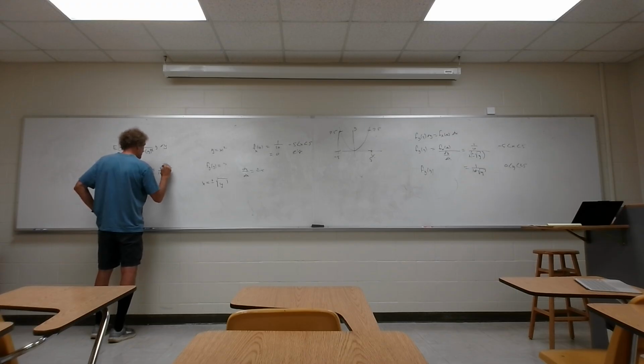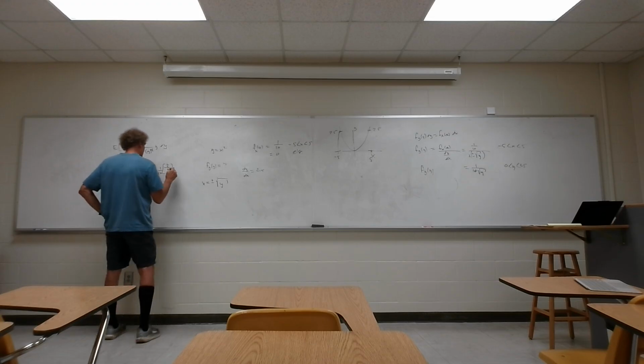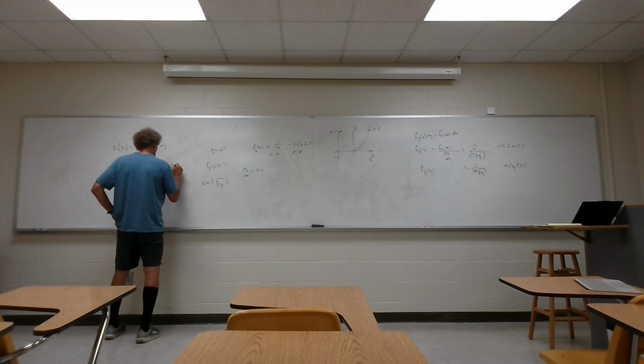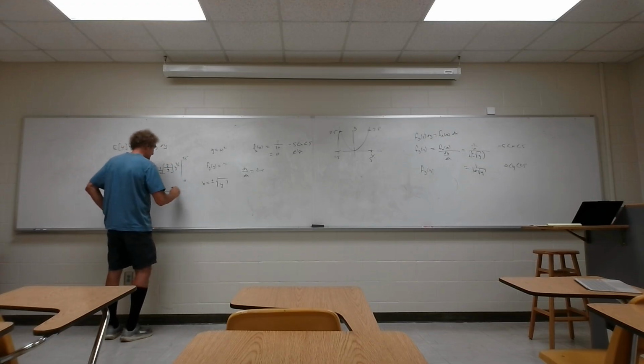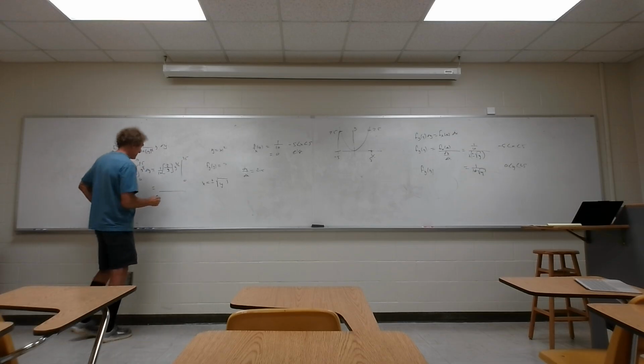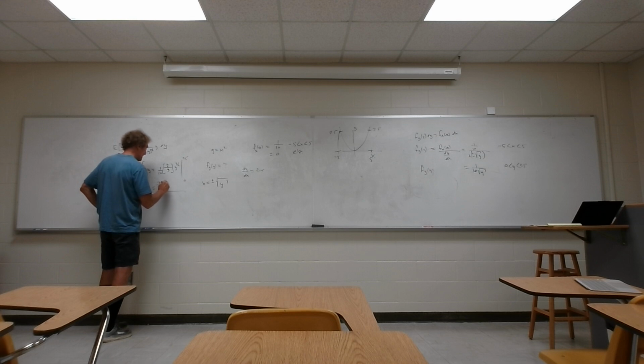You could make this just 2/3, and then you would have y to the 3/2 evaluated from 0 to 25. And I don't know what that is, but what is that? 2 over 30 times 25 to the 1.5 power.